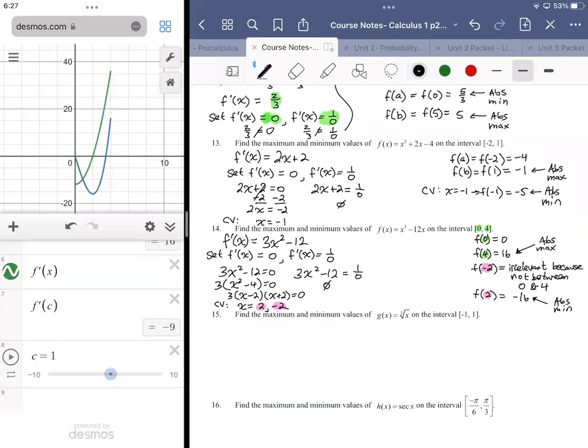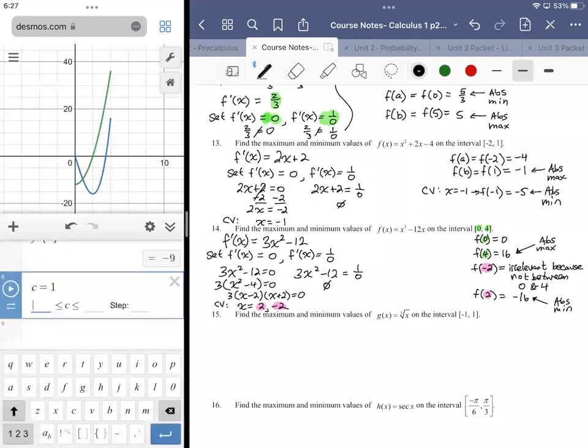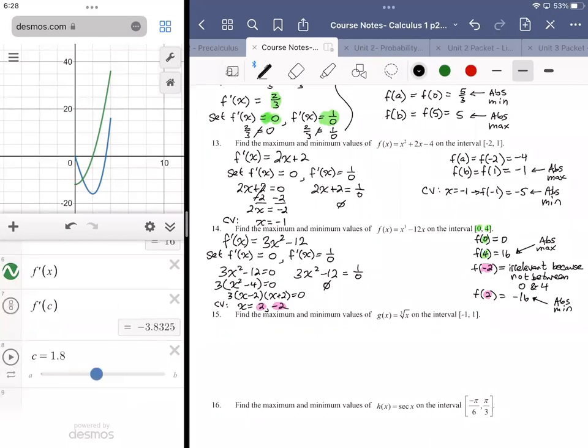But if I slide my slider over my interval of a to b, so I would adjust my bounds here to go from a to b. All right, so I'm restricted between 0 and 4 in this case. If I change my a and b values, then I'd be restricted to whatever my new a and b values are. What I would look for is a change in sign. All right, going from negative to positive.